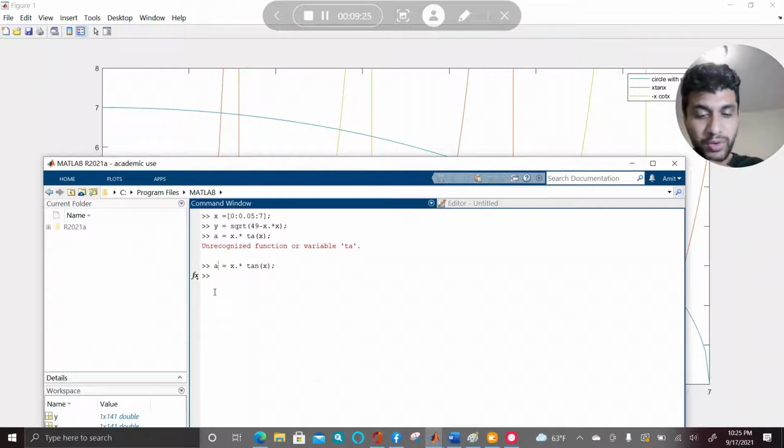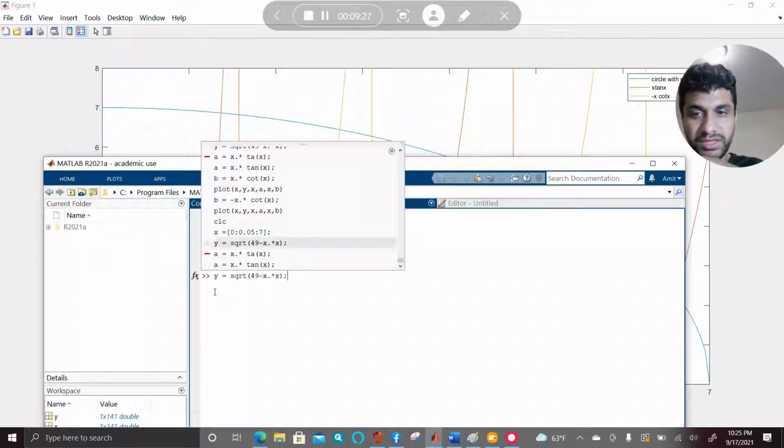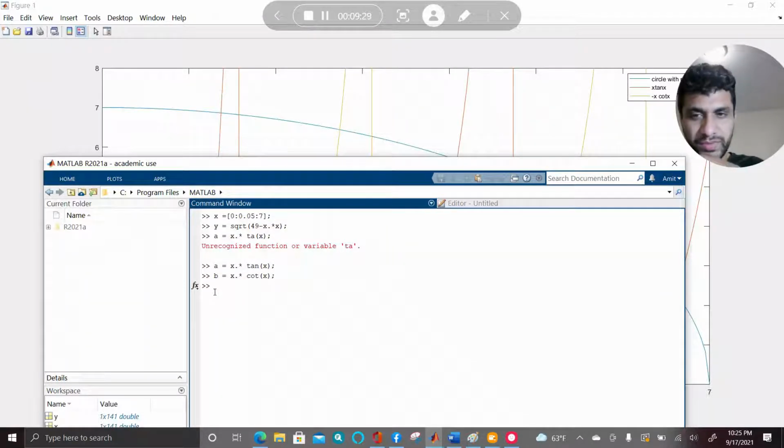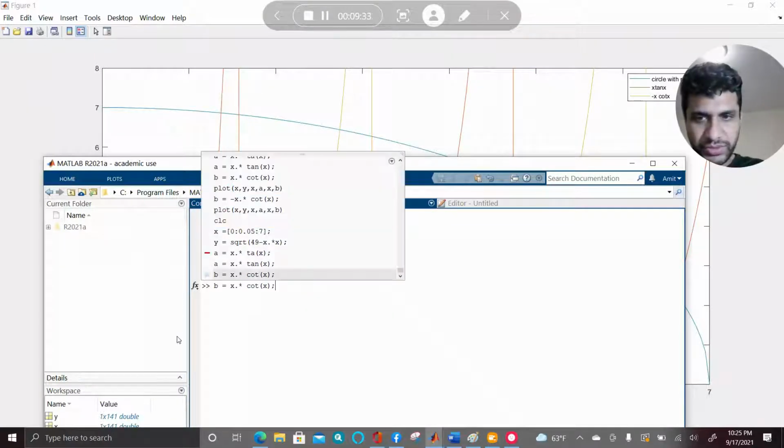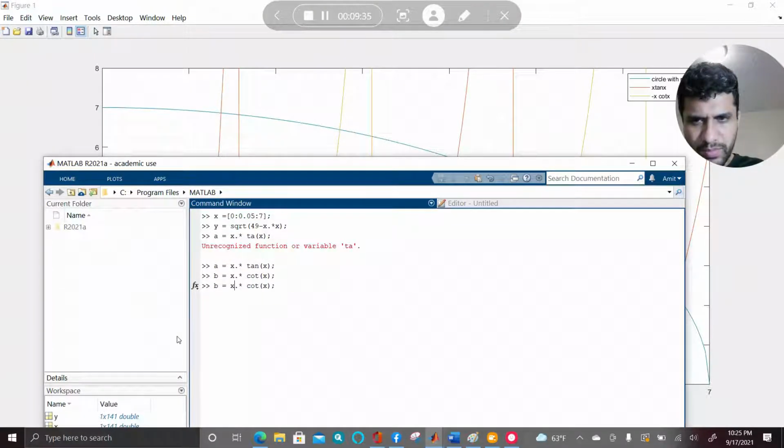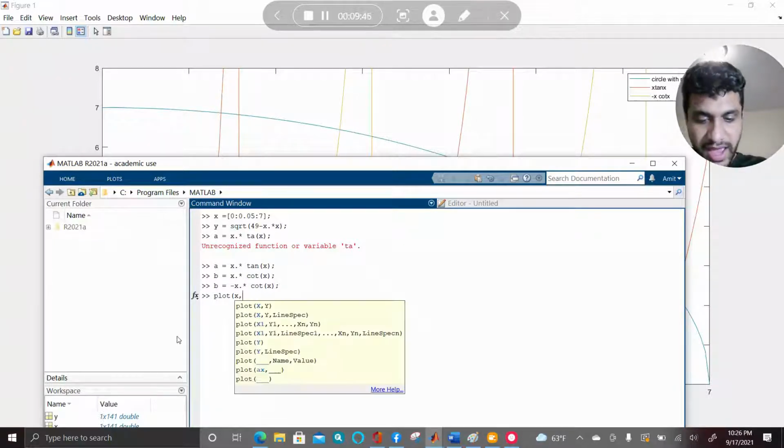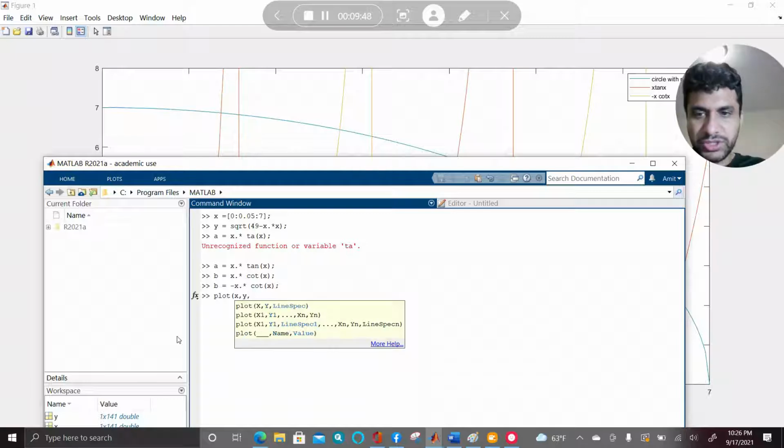And the next equation I plot like b equals, I'm sorry, it's not plus cos. I'm going to change this to b equals minus x cot x. Okay, now I have plotted everything. Now I just want to plot, first of all, x with y, it gives me a circle.